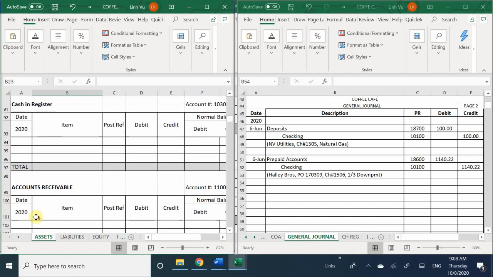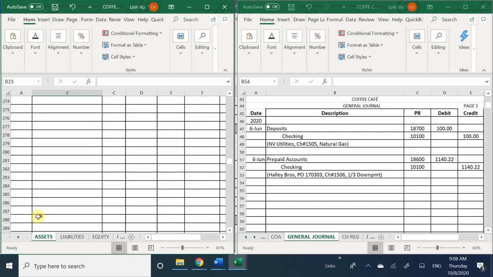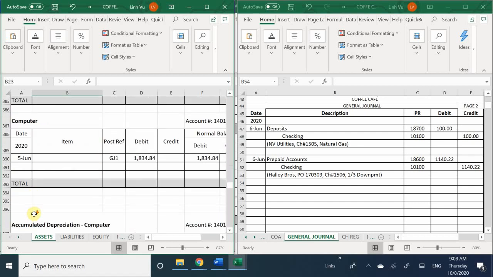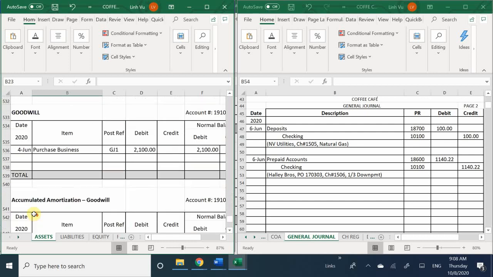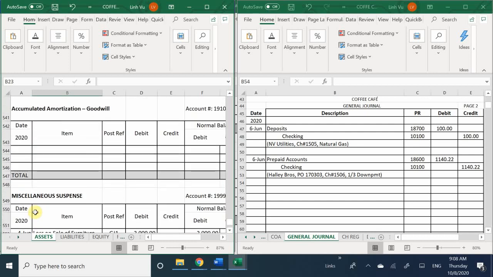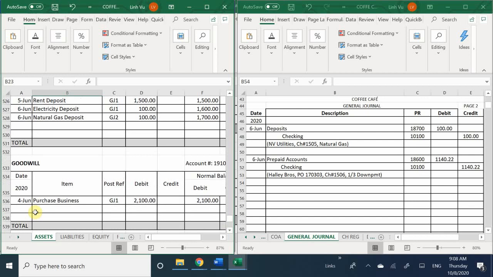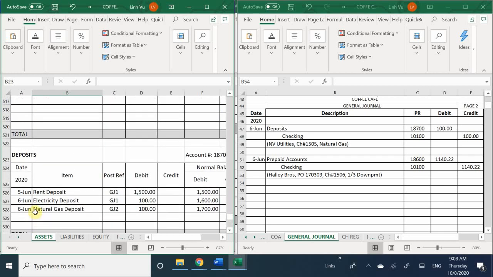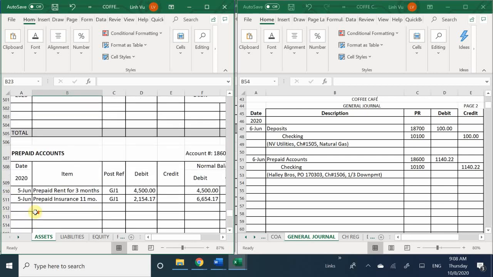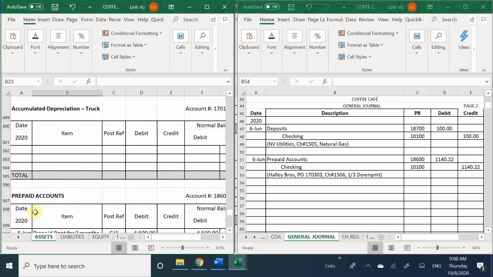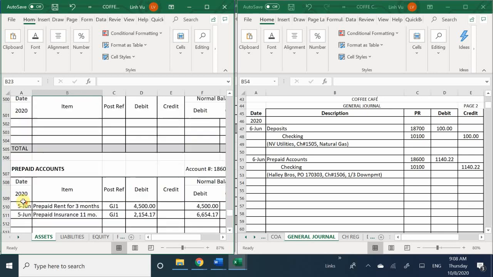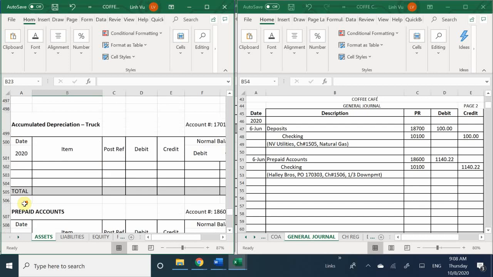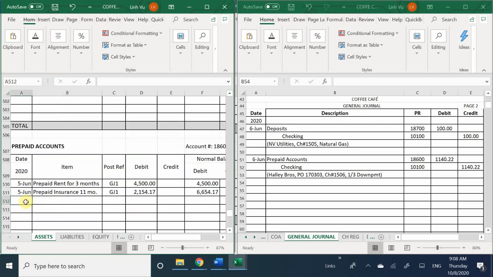We're going to go all the way down to prepaid accounts, which should be at the very bottom of your worksheet. This should be on page 16 as well.